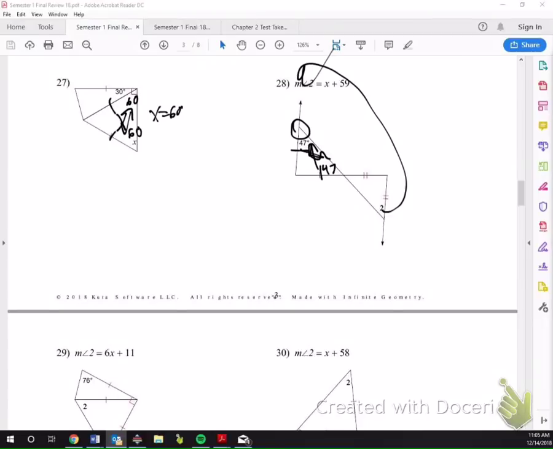If one's 47, the other's 47. 47 and 47 again, because they're vertical angles. And then that right-hand triangle is also isosceles, which means the measure of angle 2 equals 47 degrees. Plug that back in, we get 47 equals x plus 59. Subtract 59 from both sides, and we get x equals negative 12.